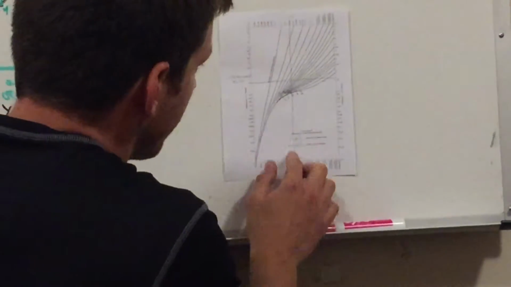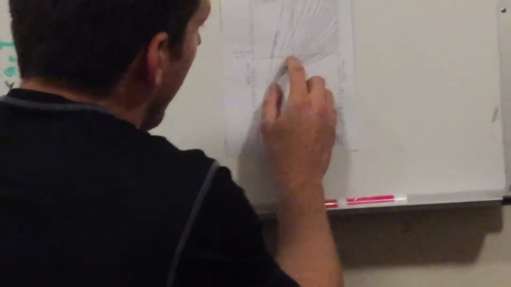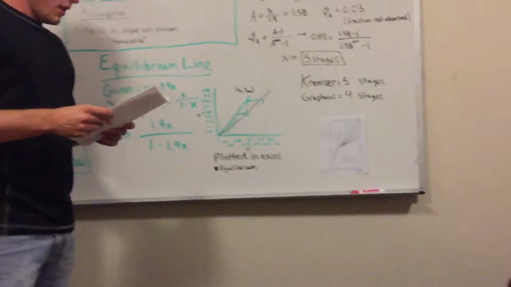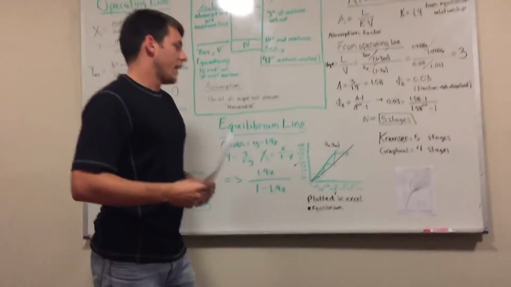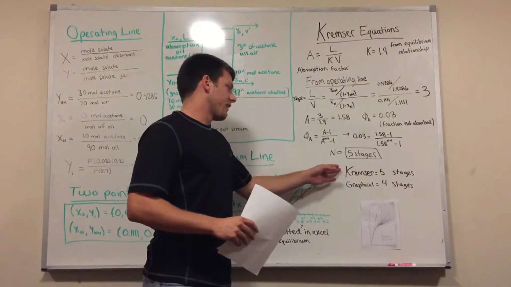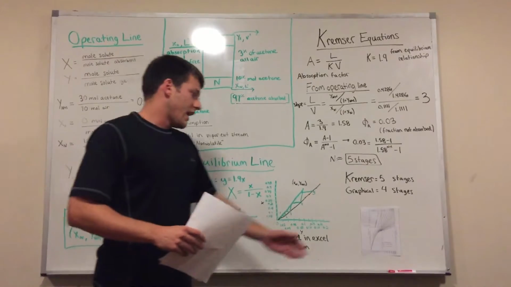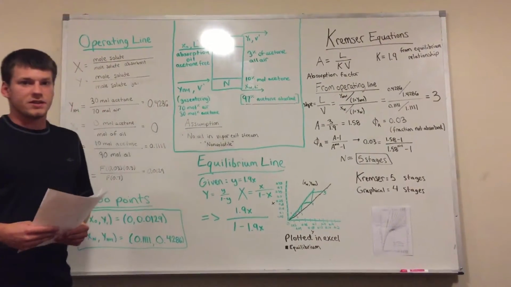Essentially you draw a line, and wherever the line connects gives you the number of stages that you're looking for. So that's how you use the Kremser chart. Like I said, I had 5 stages with the Kremser equation, and graphically I had 4 stages.